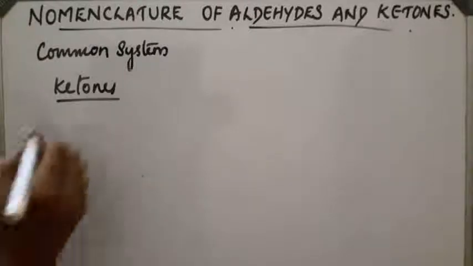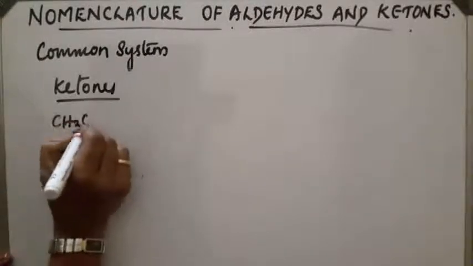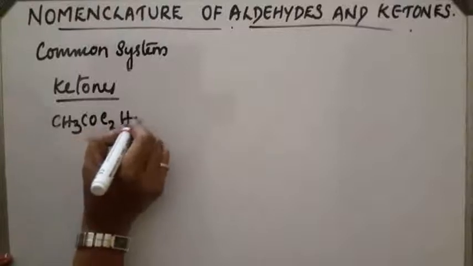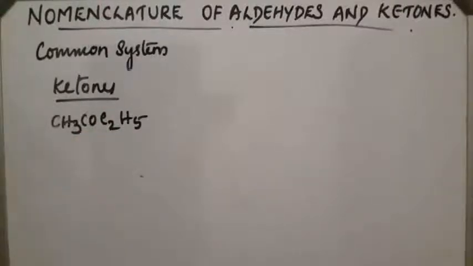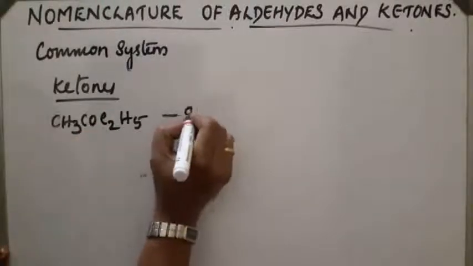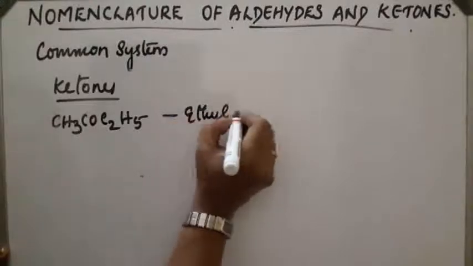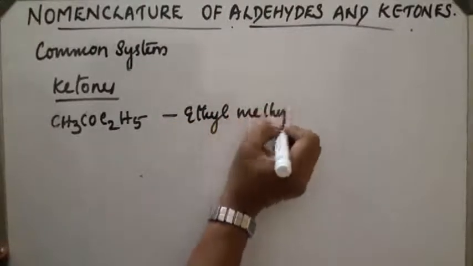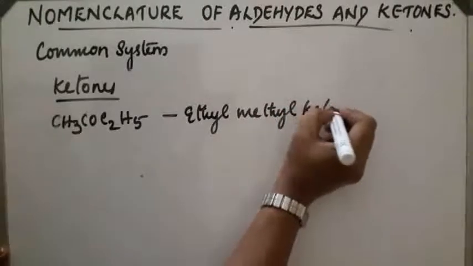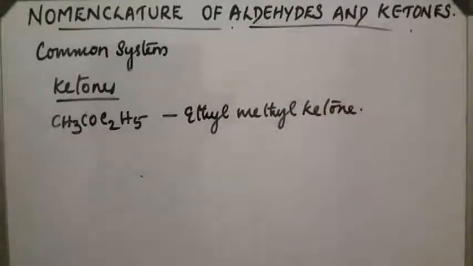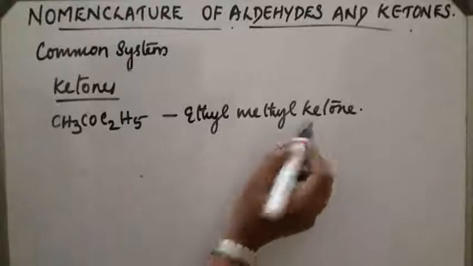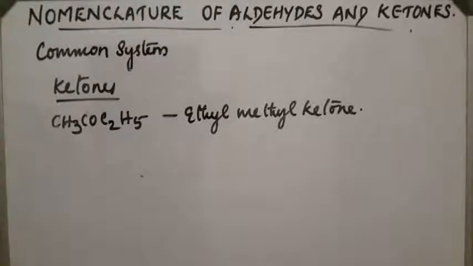Let us take one example, CH3COC2H5. This is called ethyl methyl ketone. So first we have to write the alkyl groups in alphabetical order, then ketone. This will be the name of this compound.